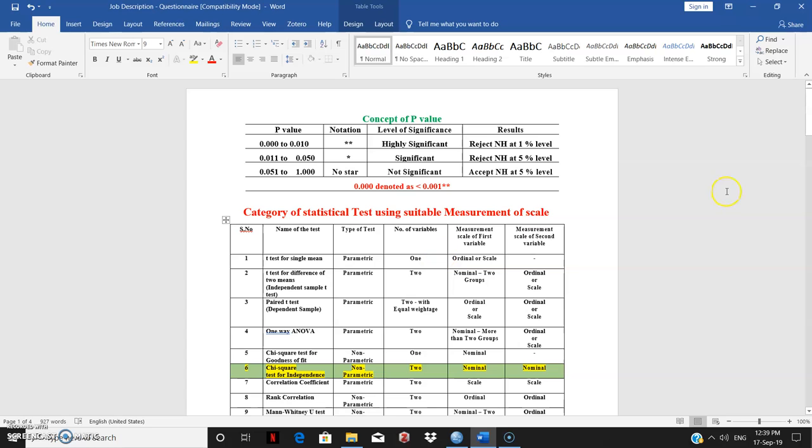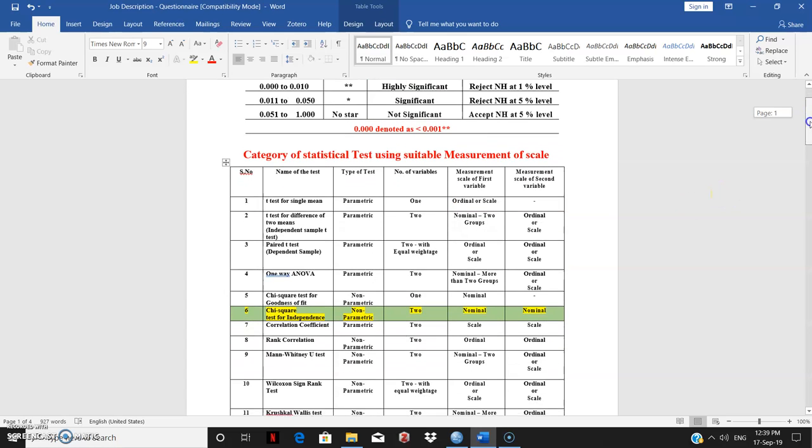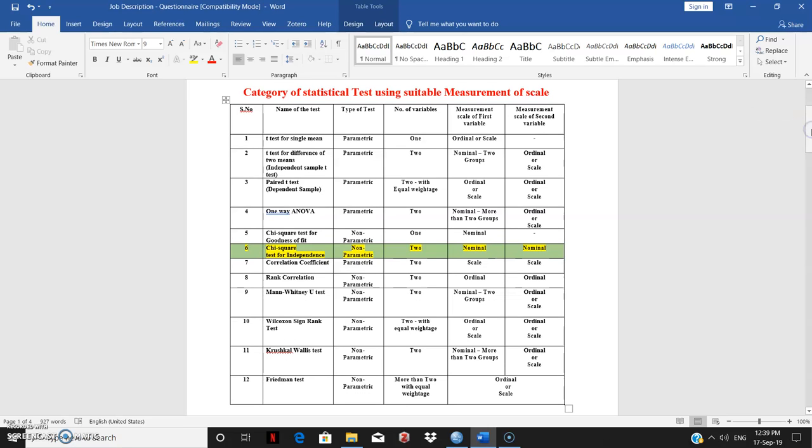For this session, we will be concentrating on one very important non-parametric test, that is the chi-square test of independence. In the class, when we discussed chi-square, we would have discussed that the chi-square statistic is done for two things, either to test the goodness of fit or as a test of independence or a test of association.